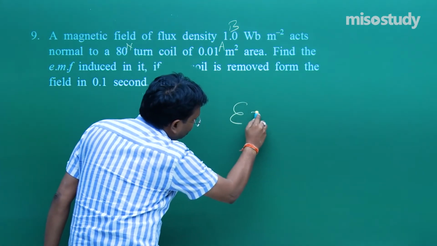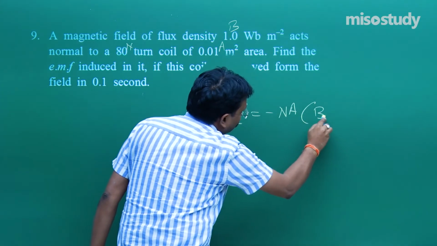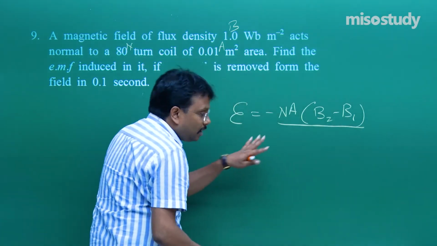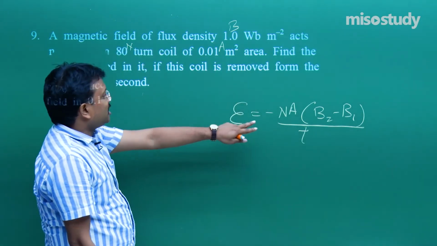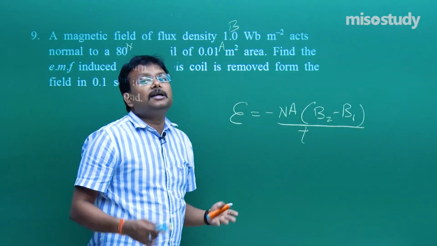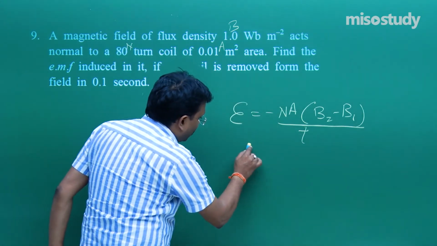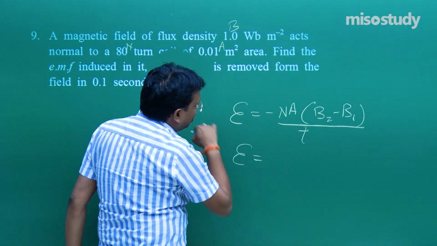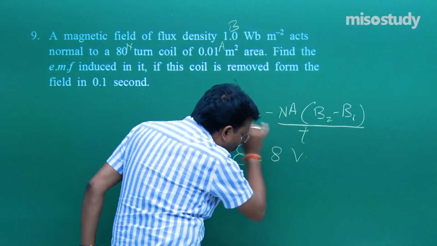I will write down the direct formula: N A (B2 minus B1), actually it is delta B, upon time. Fine. Now, N is directly mentioned, A is directly mentioned. What about B2? Finally 0. B1 is given, so put the values over here. I hope you will get the answer as, I solved it with these numbers, 8 volt.